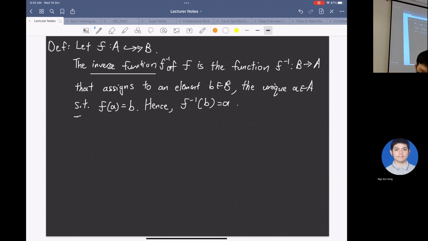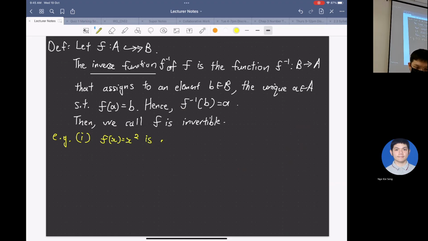Okay. Then we also call f invertible. So f is a bijection, f is bijective, and then we can find the inverse function, then f is invertible. For example, f(x) equal to x squared is not invertible.